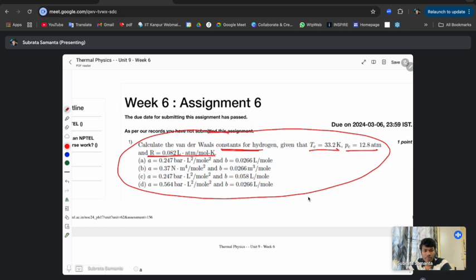What are the van der Waals constants? They are A and B. So you have to calculate them.